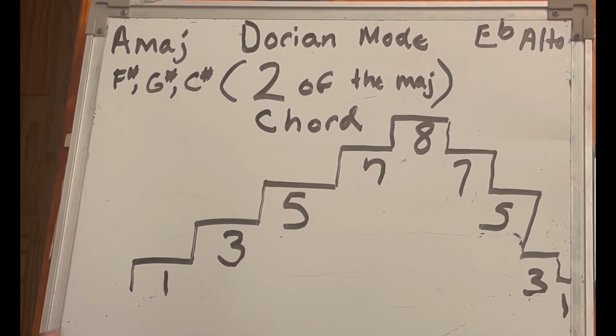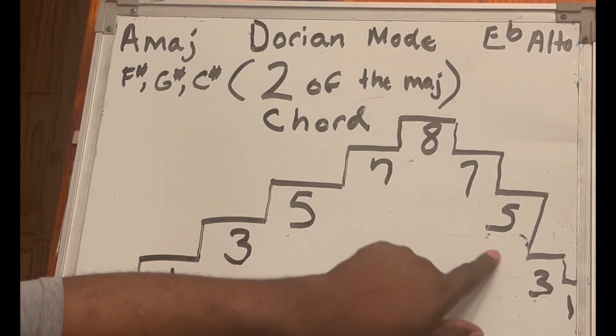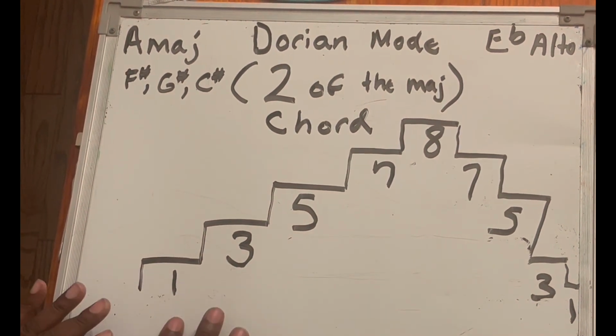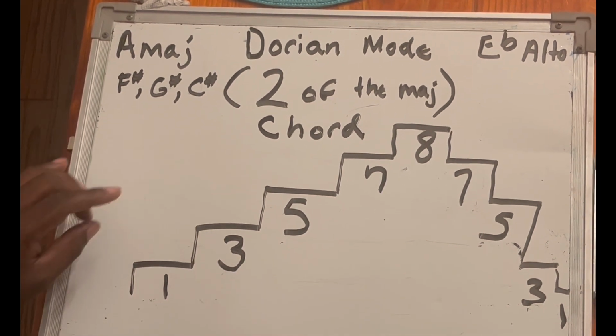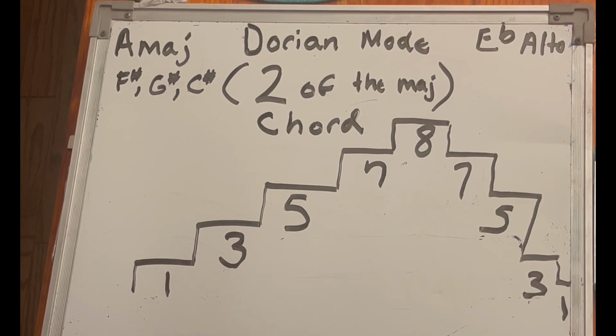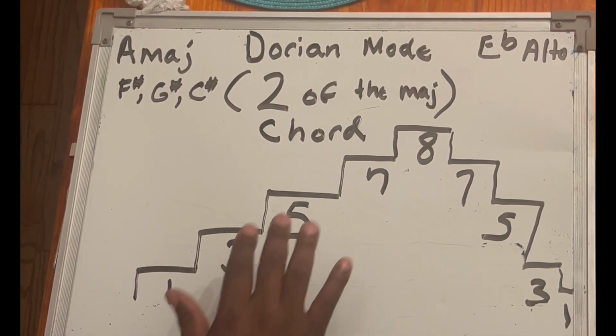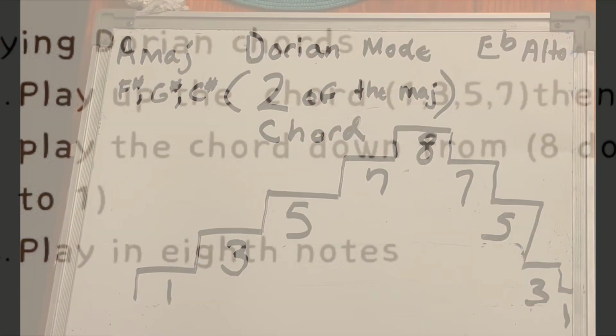So just remember, it's 1, 3, 5, 7, 8, 7, 5, 3, 1. Memorize the numbers, not necessarily the letter names. And the numbers will help you. All right? I'm going to get my alto again, and I'm going to demonstrate how to play it. And let's have fun together.